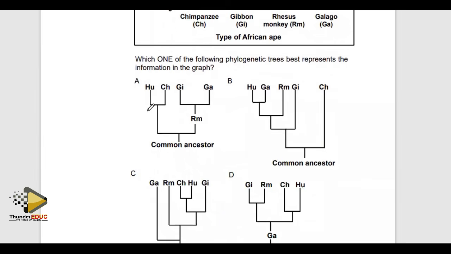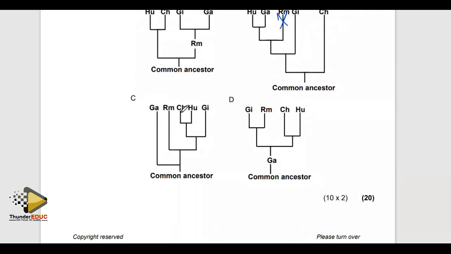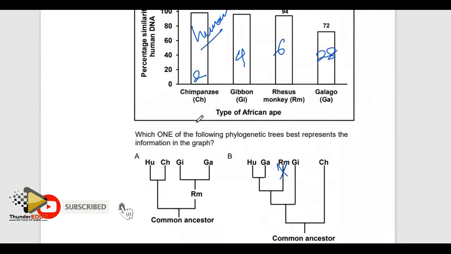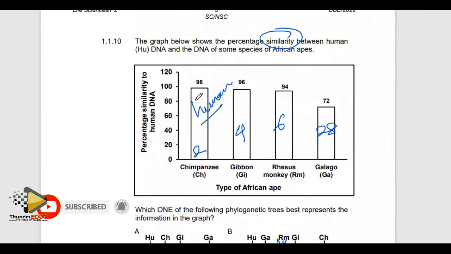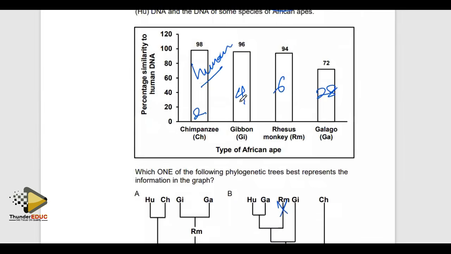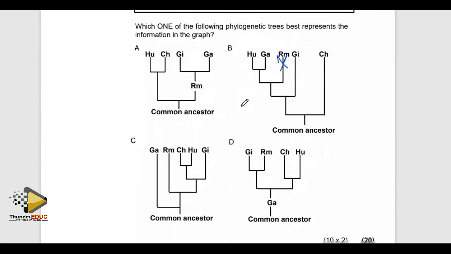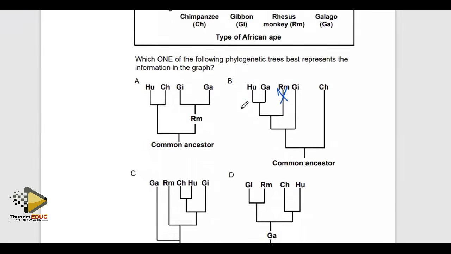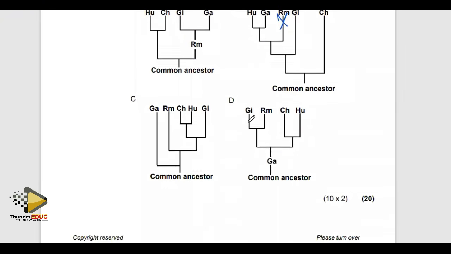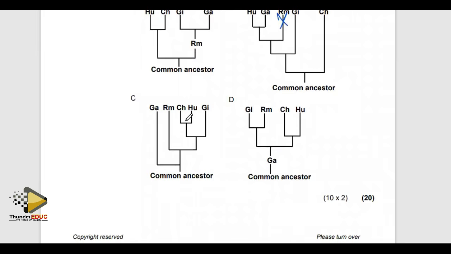Now we are seeing here human and chimpanzee. Yes, they are a little bit closely related and they are recent. If you look at them here, 2% difference and 4% difference. It means that we are recent, but we are next. The gibbon and chimpanzee, yes.